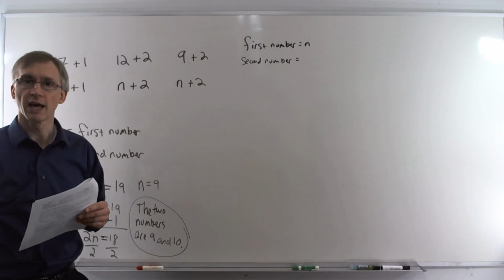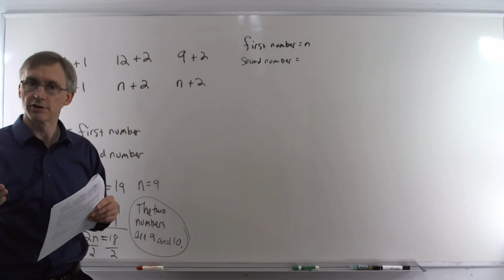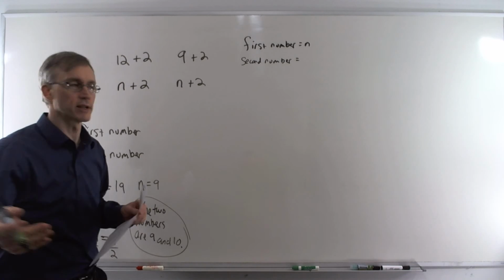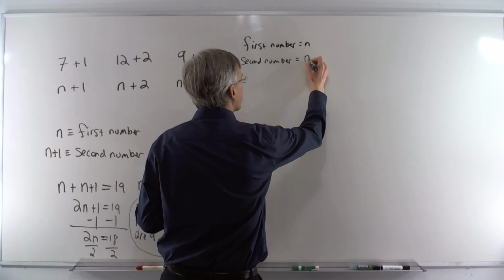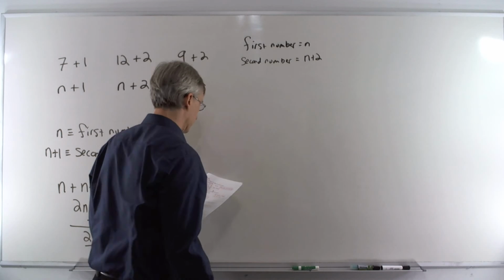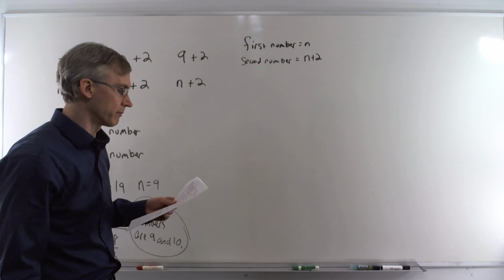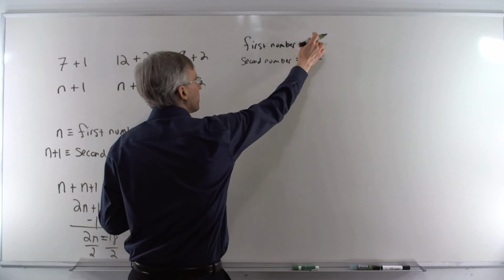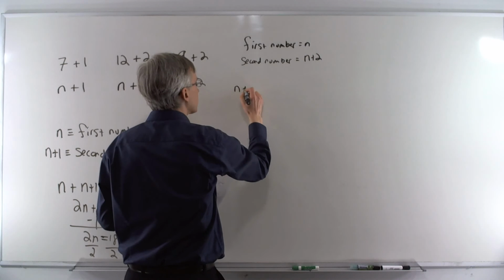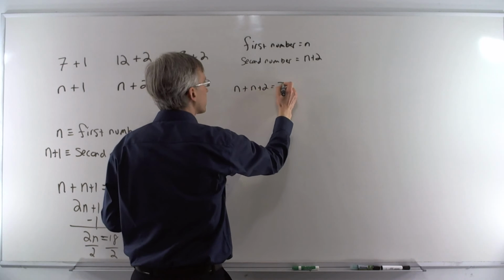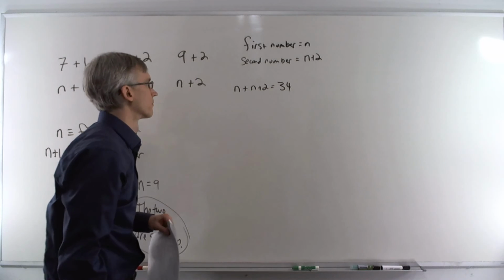So if the first number is n, we're talking about consecutive even integers, so we need to add 2 to get to the next one. So the second number would be n plus 2. The sum of these is 34. The sum of these two expressions, n plus n plus 2 equals 34.